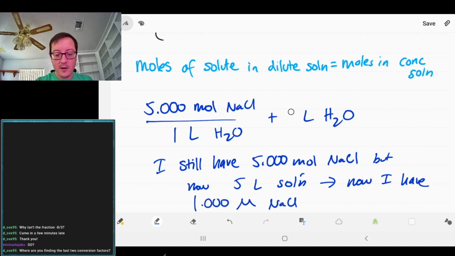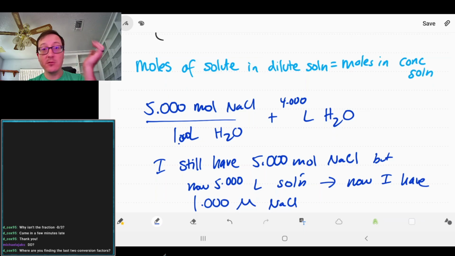Ideally, fine, I'll go ahead and do this. So we'll put all of our sig figs in there so everyone will be happy. Okay, there we go. So if you have a concentrated solution and add water to it, you can dilute it. Pretty straightforward. The moles don't change of your solute. We're not changing how much sodium chloride is there, we're changing the amount of water.